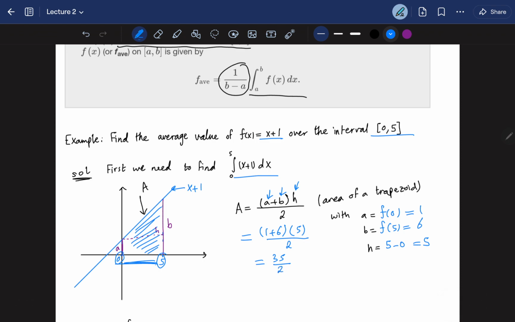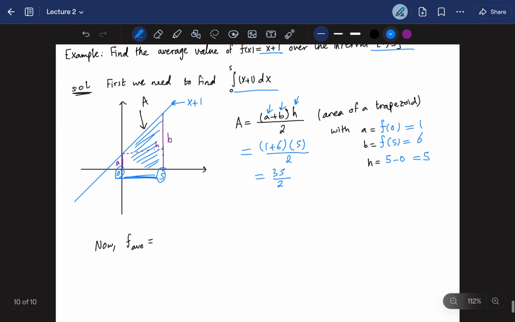But we want to find the average value of the function, so the average value is just 1 over b minus a, the integral from a to b of your function. My b minus a is 5 minus 0. And this integral is just my area, basically.